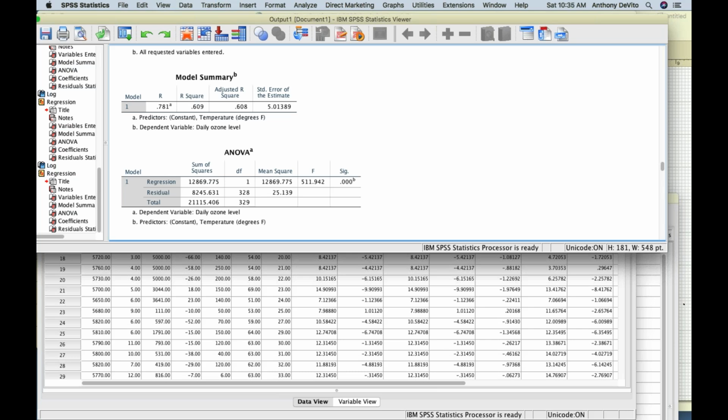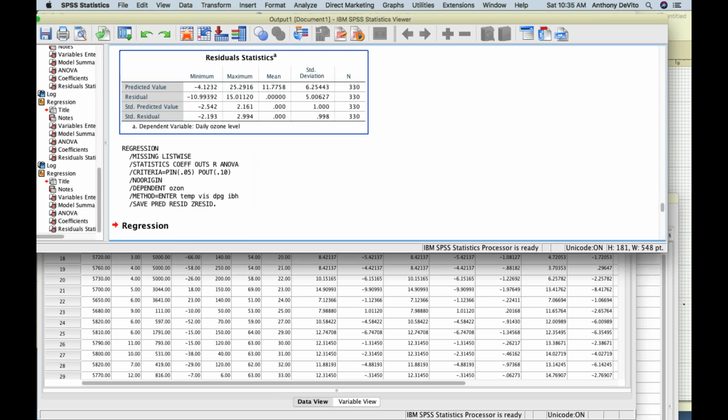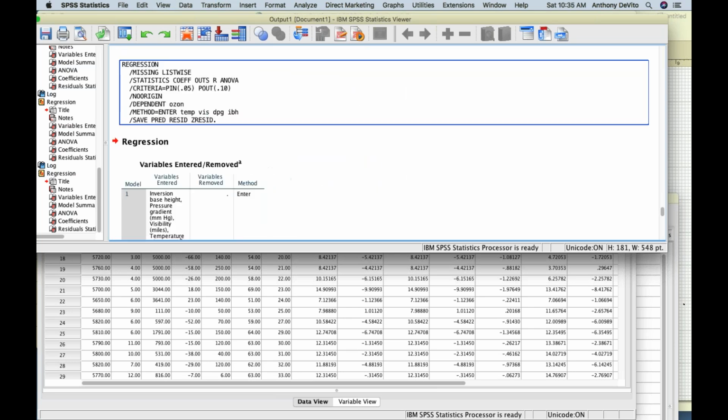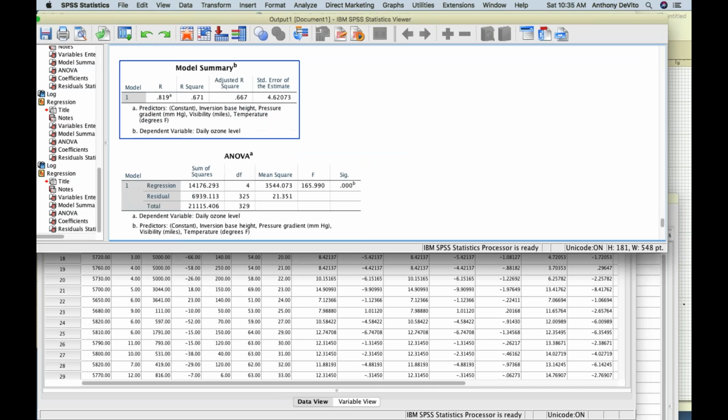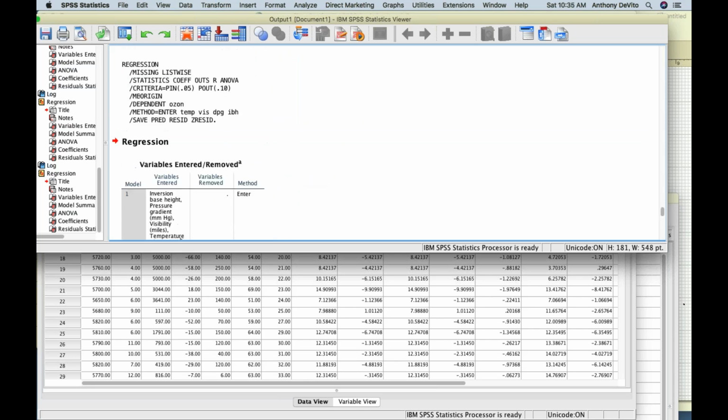Well, that's pretty good, right? In fact, now that we included these other variables, it looks like we've improved our model. Now it looks like we can predict 67% of the variability in the ozone level by adding these other variables.